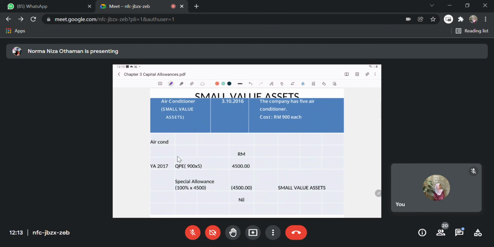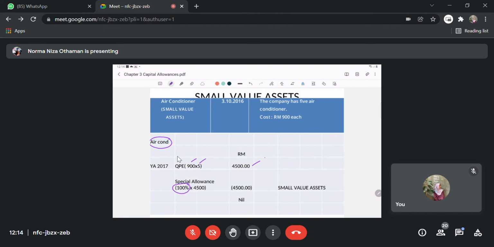Okay, kita boleh pakai contoh ni lah untuk small value asset. Contoh dia aircon. Right, so kita nak kira the QPE, dia bagi dekat sini the company has 5 air condition. Cost dia adalah 900. So 900 times 5, kita terus kira dia lah sebab dia dikira sebagai satu kumpulan. Right, so you dapat 4,500. So dalam tahun pertama dah boleh terus claim 100%.